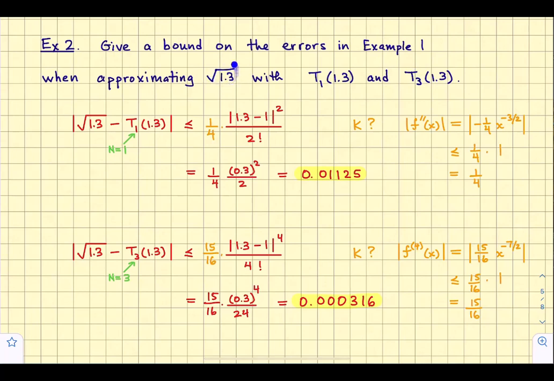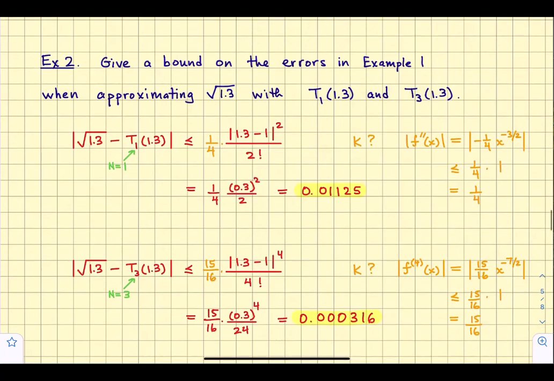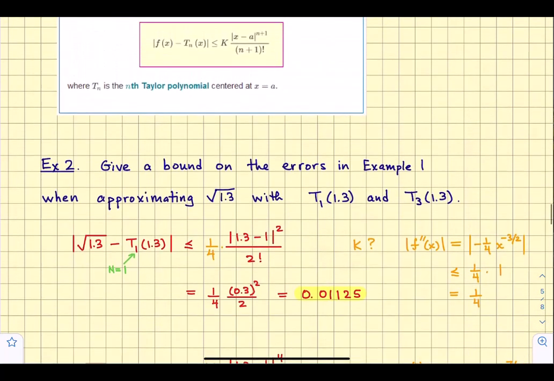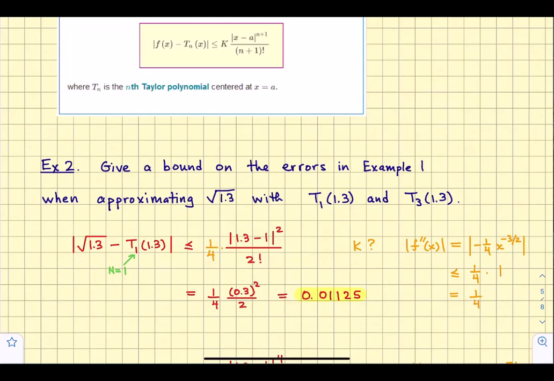Well, in the first of these, our capital N is 1, so let's look at our error bound theorem, and let's just make sure that we understand the pieces here. So our function here is f of x is the square root of x. The x where we're performing our approximation is at x equals 1.3, so we have the absolute value of the square root of 1.3 minus T sub 1 at 1.3, our n is 1.